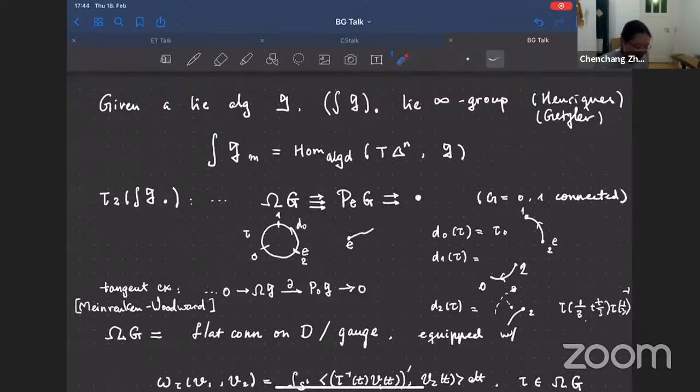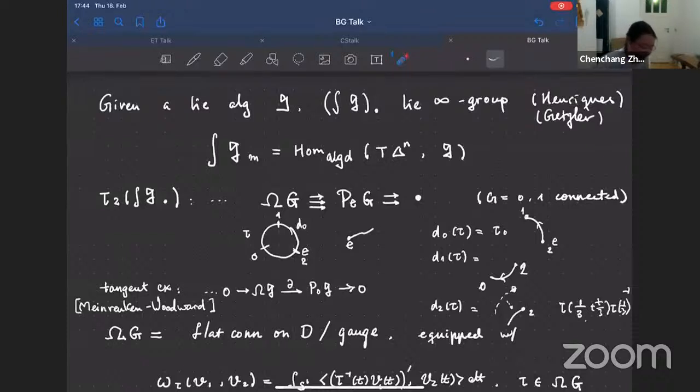What does Kan condition mean? It means that I have a horn. So here I have a horn, I have 2 such paths, then I can fill this horn, right? I can fill it. I can all the time connect these 2 ends because my G is connected, and I connect it in only one way because it's simply connected.